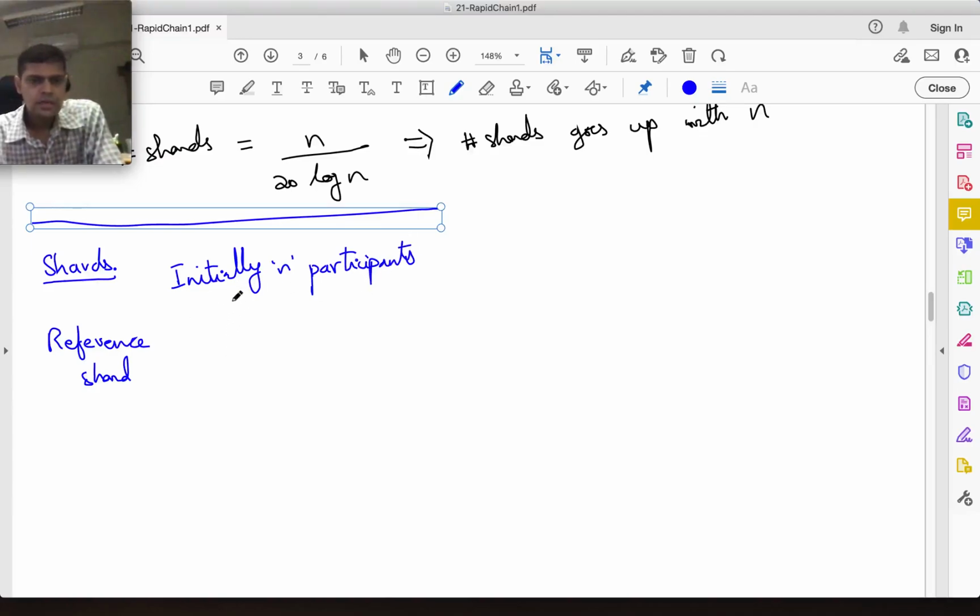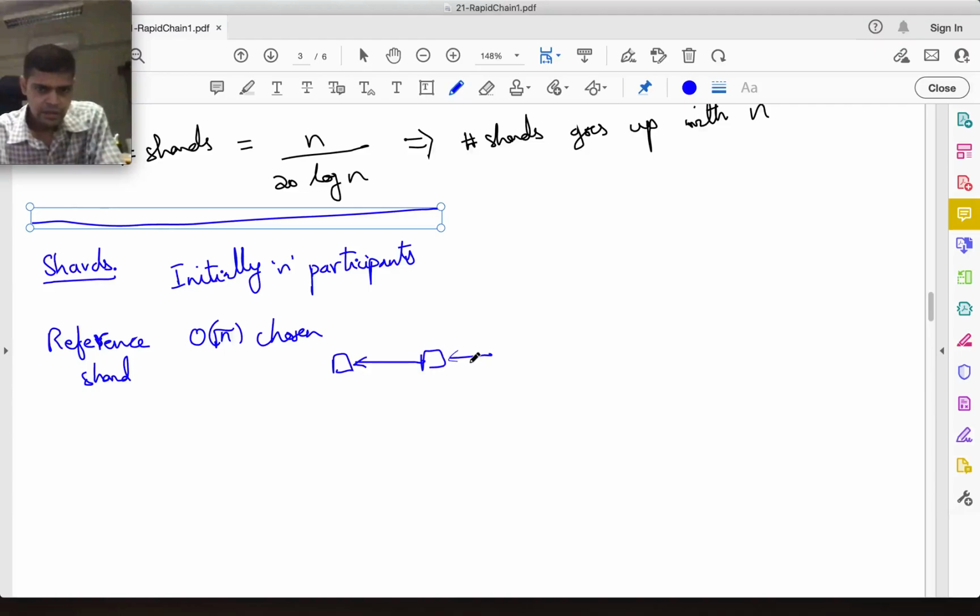Out of those, roughly root n are chosen, and these are the members of this particular reference shard. Okay, so this is a much smaller number than the original number of participants.